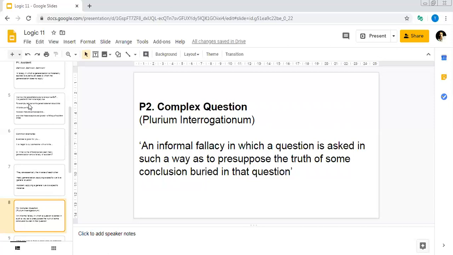Sometimes the way to understand this is that we ask questions, and what we're trying to get done or proposed through that question is already in that question somehow. So for example, what we're trying to prove is already buried there in the question, but still we're asking that question. It's a very loaded question, if I may say it that way.